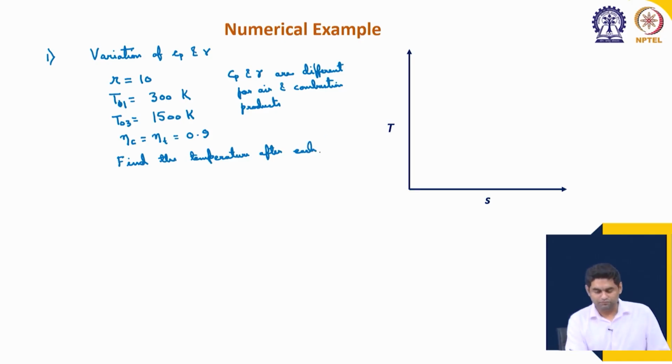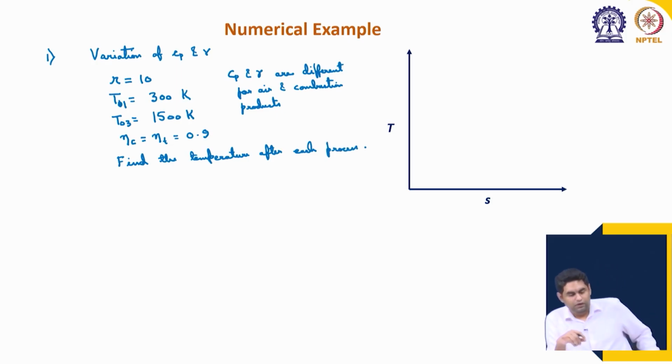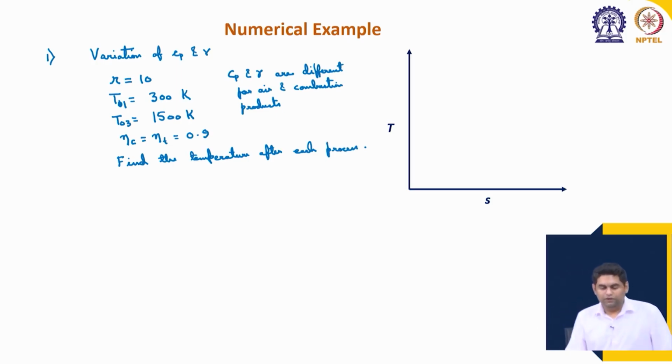Pressures will be known, so mainly we are finding the temperature. So, this is the problem. We will do a simple calculation, but we will take these more accurate new values of Cp and gamma. Let us draw the cycle first for reference.